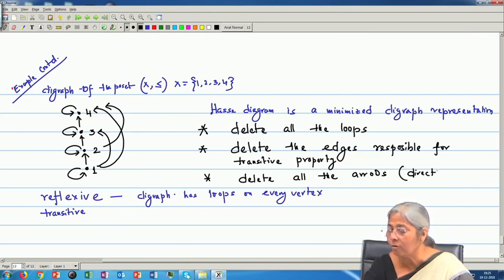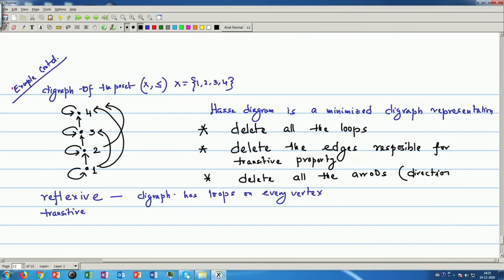That means all edges should be undirected.